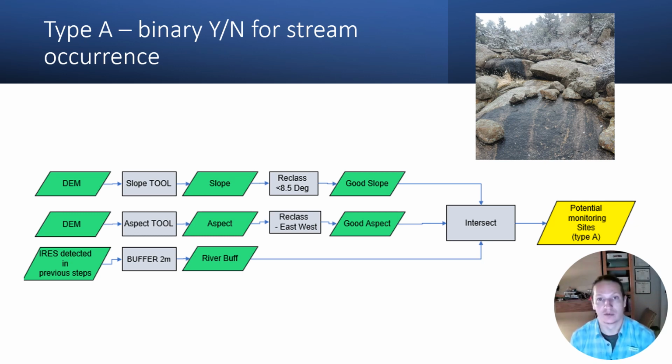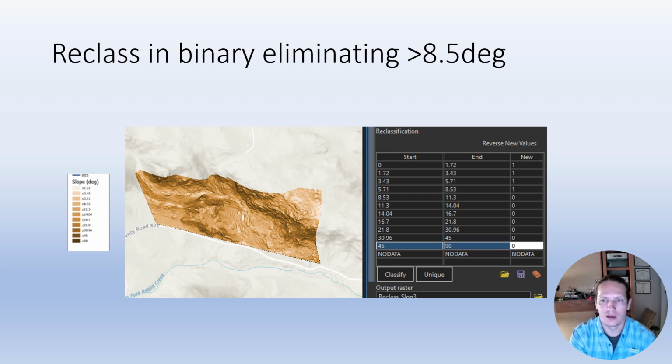So they needed to be north-south, preferably. And then combining that with the buffer of the river. So I ran the slope tool, and here's me reclassing in binary everything below 8.5 degrees. Look over to the far right. You can see I've just got the ones and zeros, so I kept everything 8.5 degrees and under, and eliminated the other.